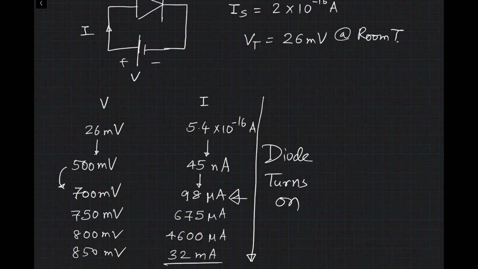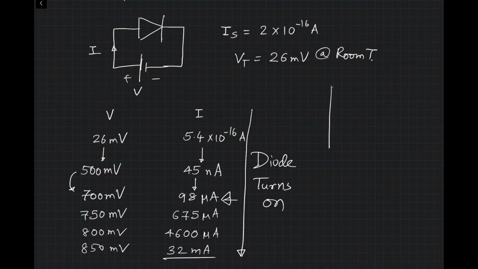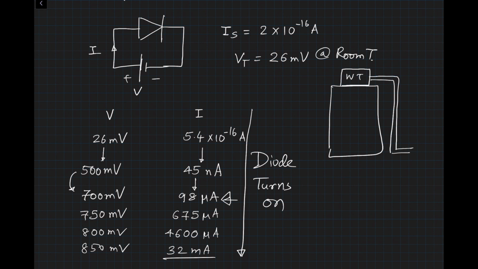I want to give you a physical example of this diode. If you look at any buildings, for example, if you stay in a skyscraper, then generally on top of the building there is a water tank, and generally there is a pipe that's pumping water into this water tank, and that water tank is what is used to supply water to all of you.